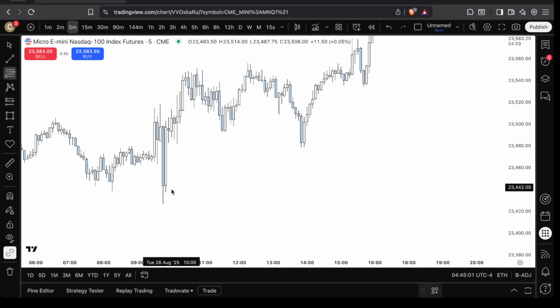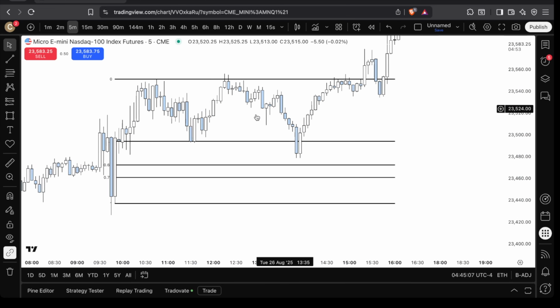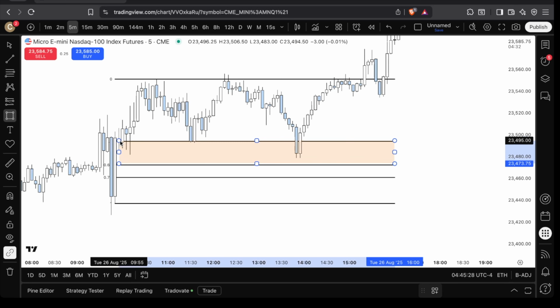We can take our fib, take the low, take the high, like right here, right? So let's say you kind of missed this opportunity right here. What did the price do? Went down, touched the 50%, you can see reversed, touched the 0%. What did it do? Went again, touched the 50%, and what's next? Again went up.